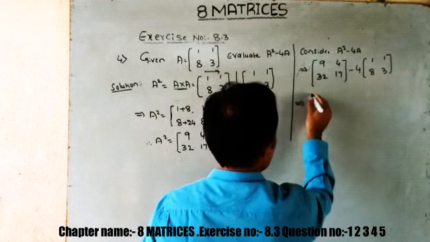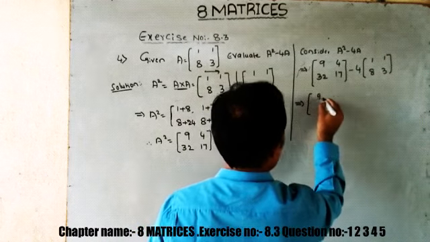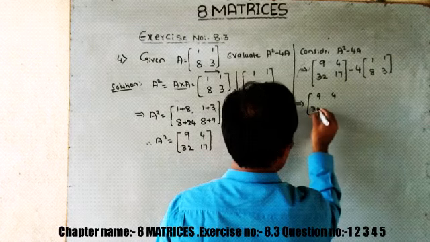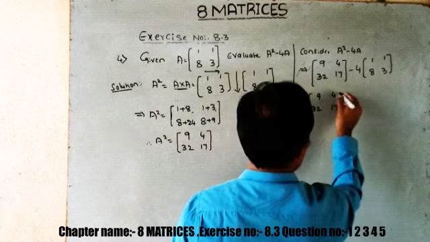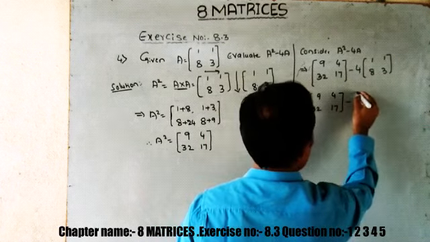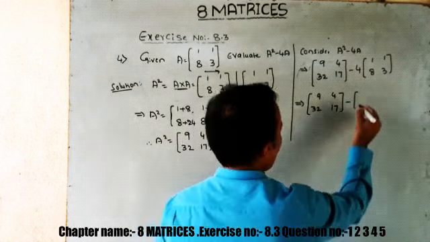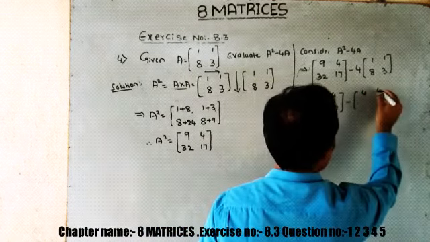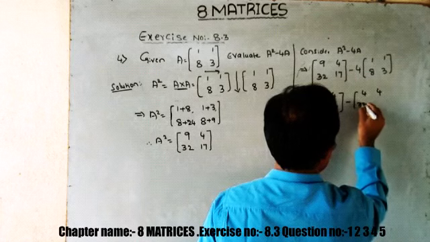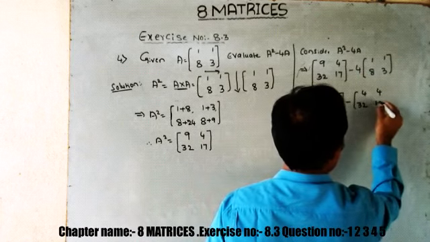Multiply all the elements of matrix A by 4: 4 1s are 4, again 4 1s are 4, 4 8s are 32, 4 3s are 12.